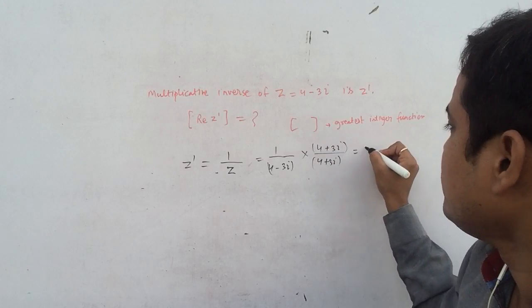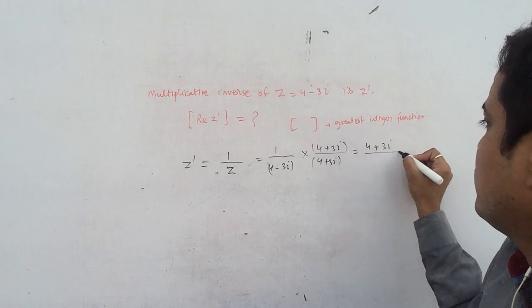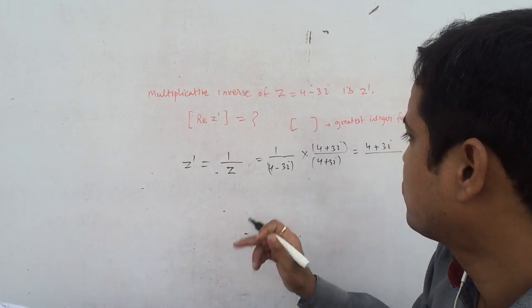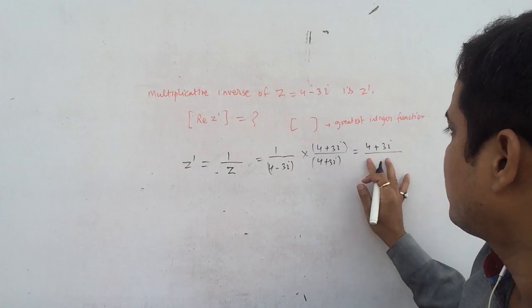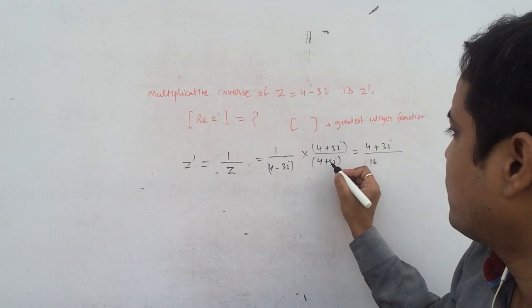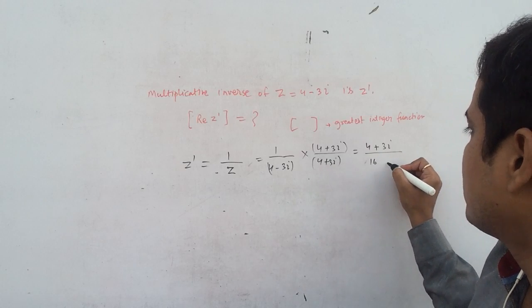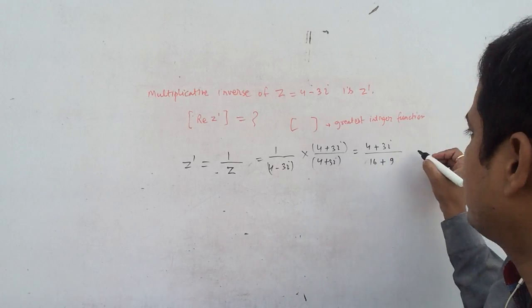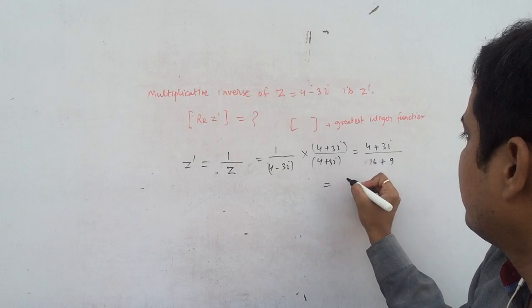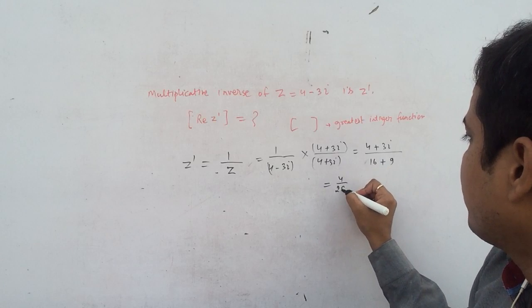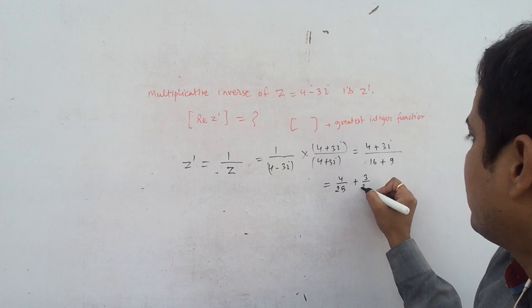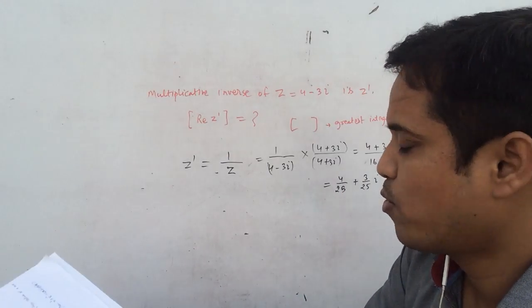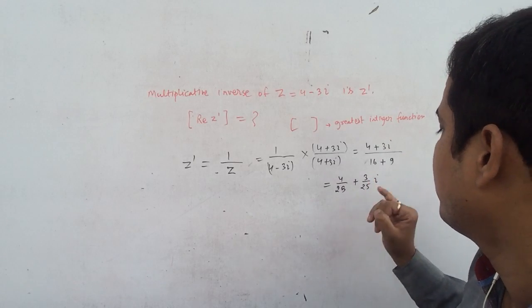You will get 4 plus 3 iota upon a minus b, a plus b, a square minus b square: 4 square minus 3 square iota square, so 16 plus 9, since iota square is minus 1. So we get 4 upon 25 plus 3 upon 25 iota. The real part is 4 upon 25, and the imaginary part is 3 upon 25.